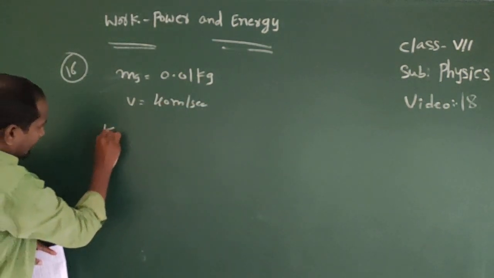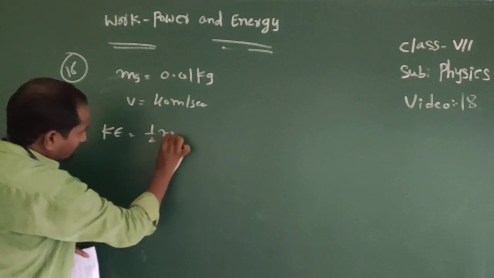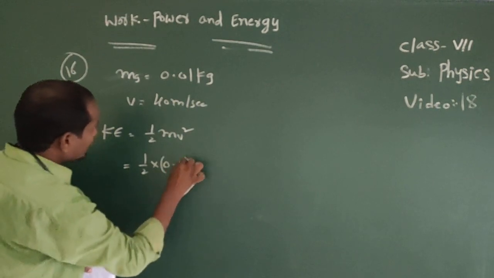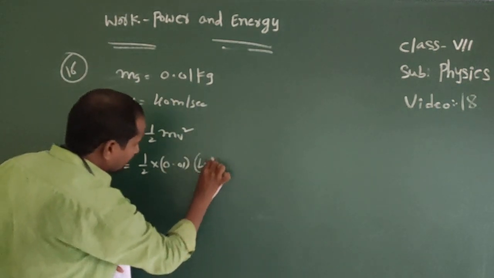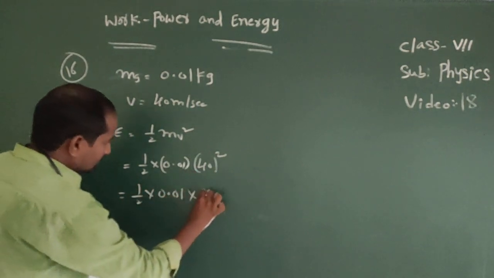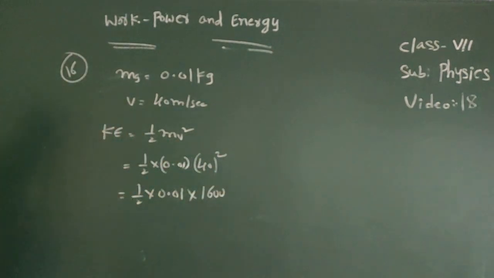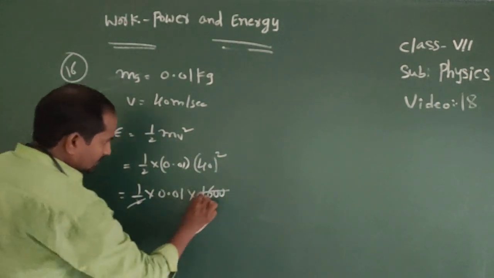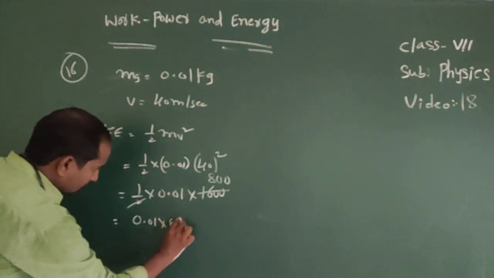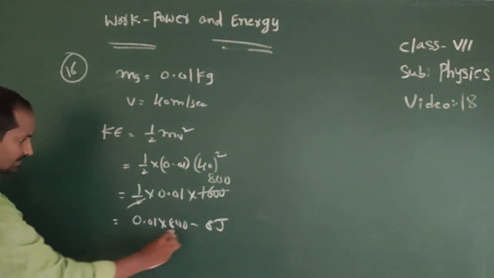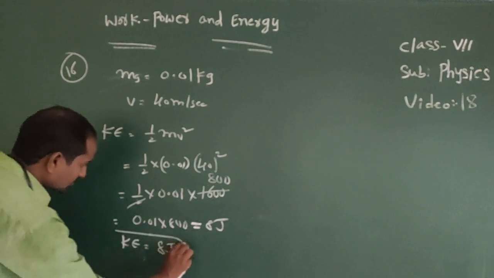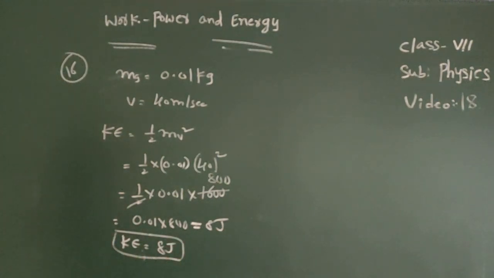Now here kinetic energy equal to half into m into v square. So half into 0.01 into 40 square, that equal to 0.01 into 1600, half of it is 800. So 0.01 into 800 equal to 8 joules. So kinetic energy equal to 8 joules.